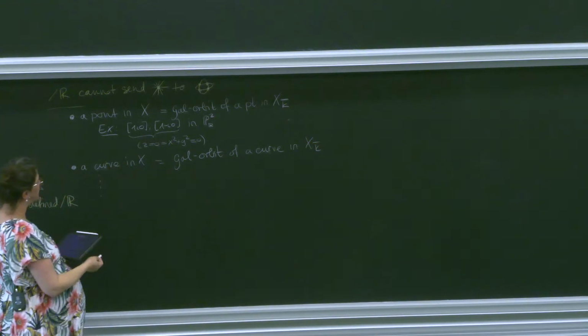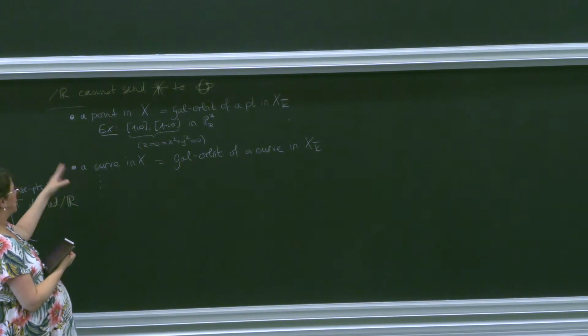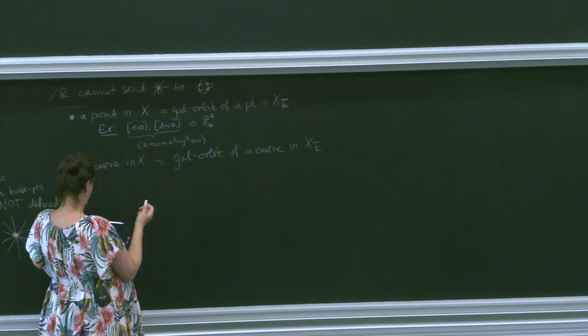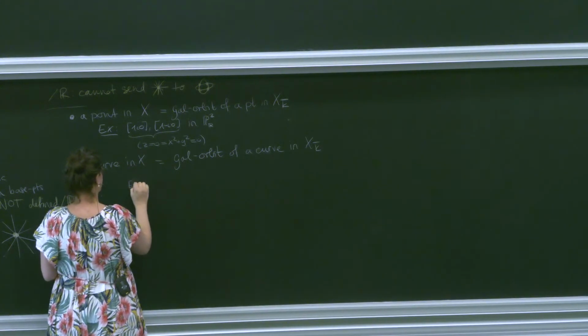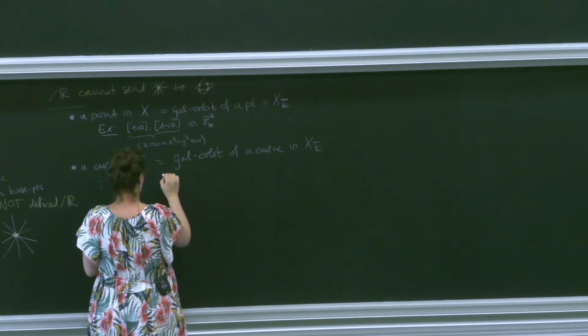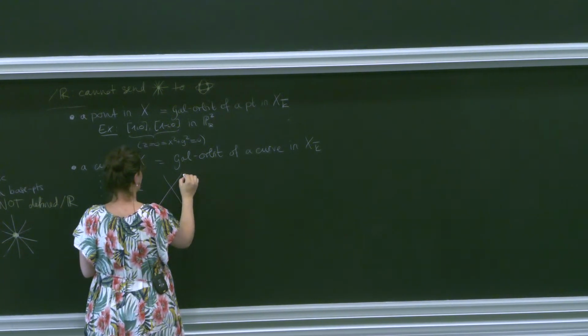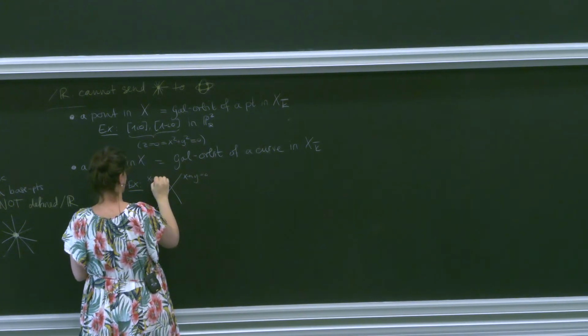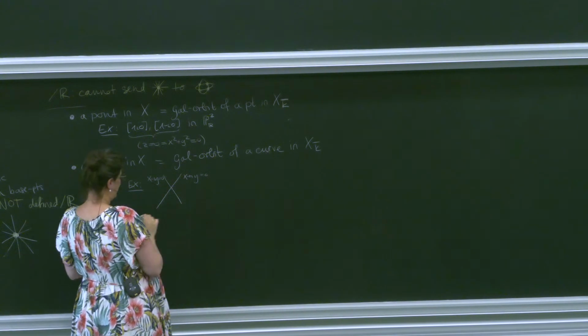So if we're in a higher dimensional variety, a surface in X is a Galois orbit of a surface in X_k̄, etc. And here, a simple example would be the two lines, x + iy = 0 and x - iy = 0.